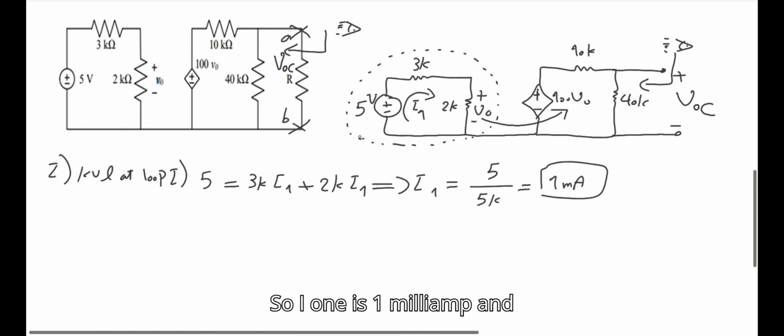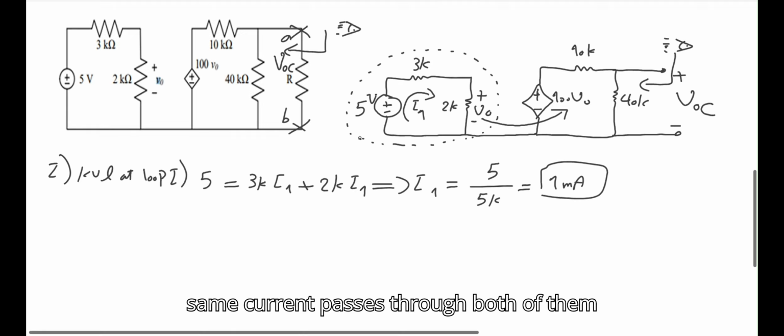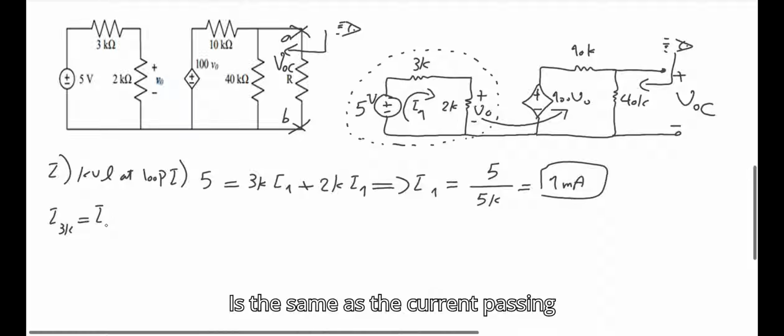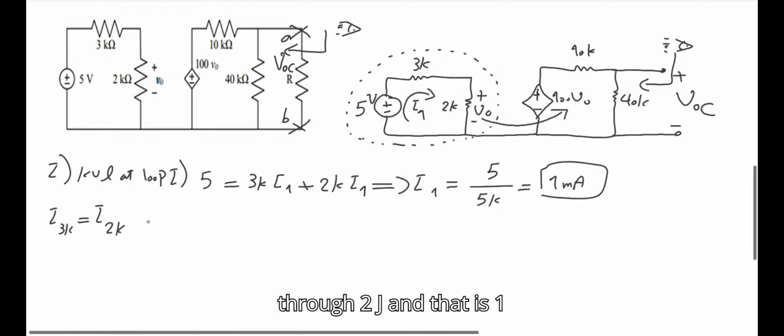So I1 is 1 milliamp, and if you follow this I1, it passes through 3k and 2k, and as these two resistors are in series, the same current passes through both of them. So the current of 3k is the same as the current passing through 2k, and that is 1 milliamp.